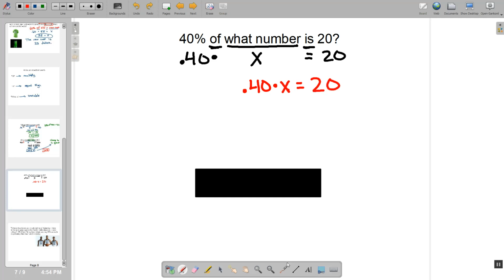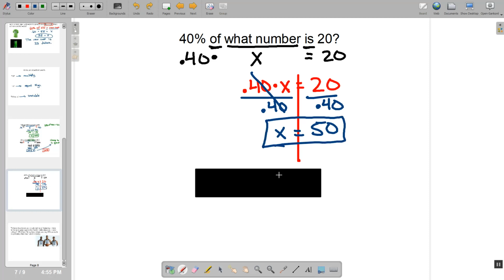And then I ask, is x by itself, which it is not, 40 hundredths times x. Opposite of multiplying is dividing. X is equal to a fraction and a decimal, so I can use a calculator. X is equal to 50.